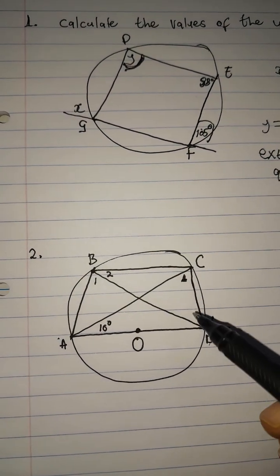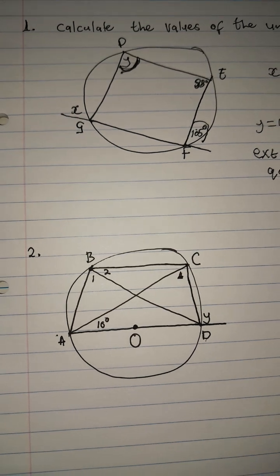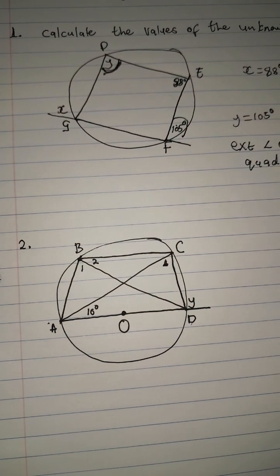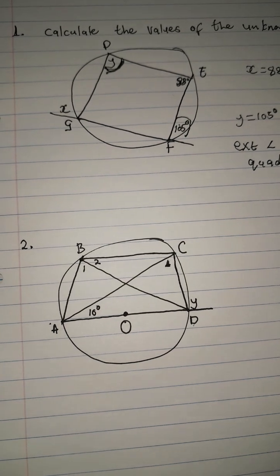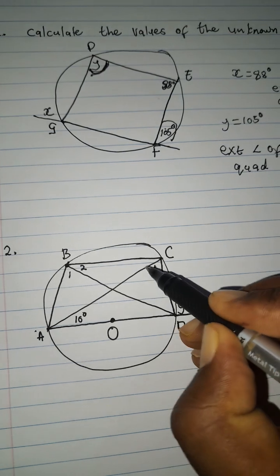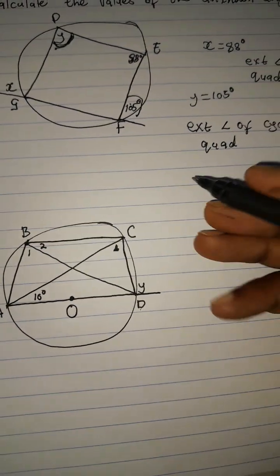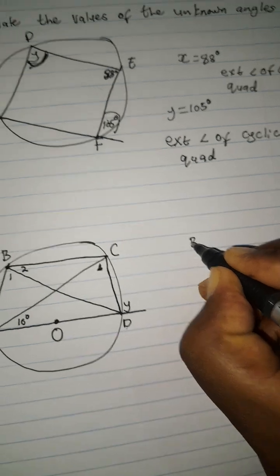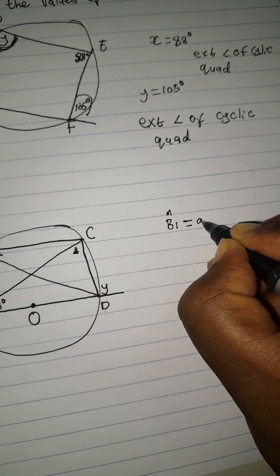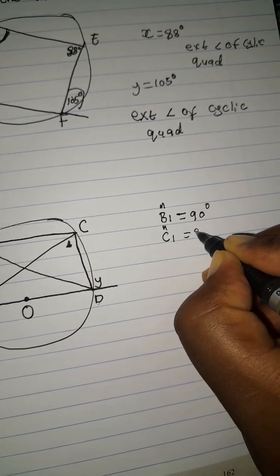Since we have a diameter, and a diameter subtends a right angle, it forms 90 degrees. So both B1 and C1 form 90 degrees. You have to say angle B1 is equal to 90 degrees and angle C1 is equal to 90 degrees.